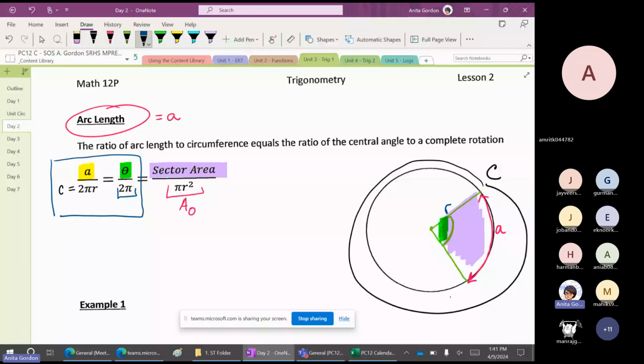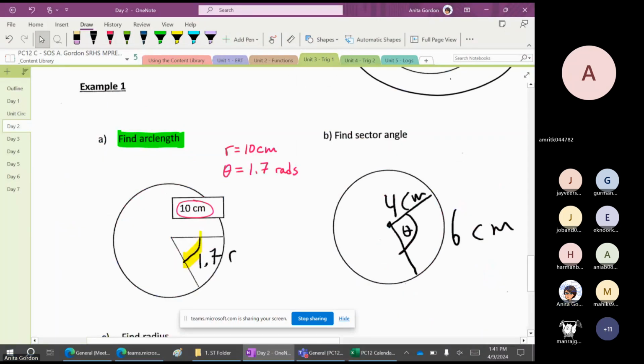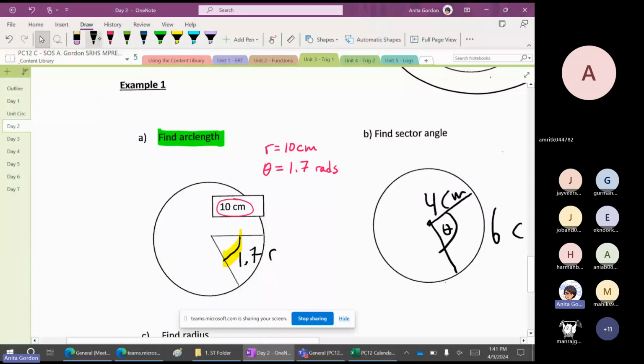This is going to be my equivalent fraction. I know theta, I know r, I know 2 pi. The thing that I'm missing is A, and that's what I want. So if I write my equation, A over 2 pi r equals theta over 2 pi, you'll notice something right away.